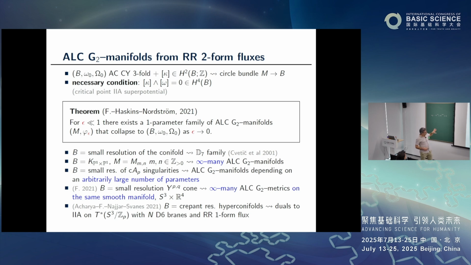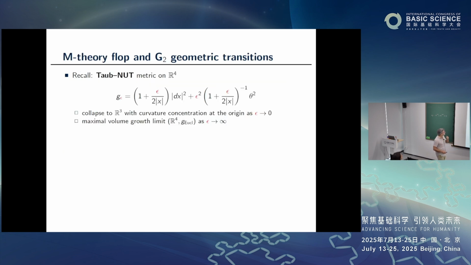So in general it will be impossible, but we can restrict to examples that have lots of symmetries, which is also what was done in the physics literature in the early 2000s. And then what can we say there?